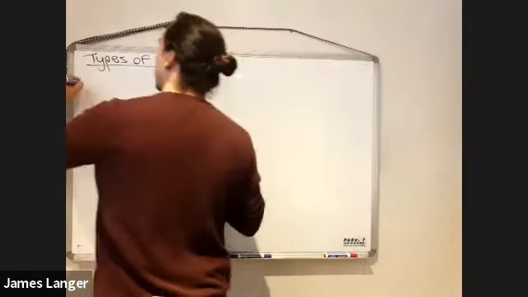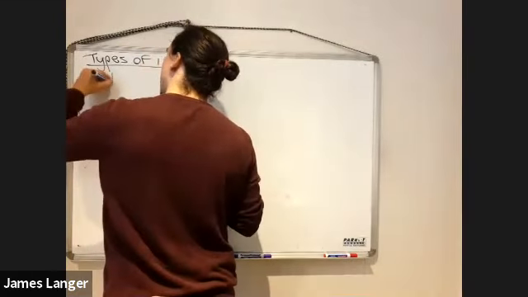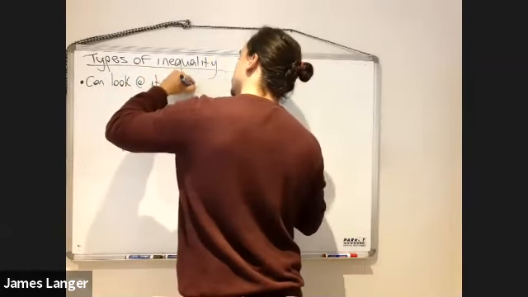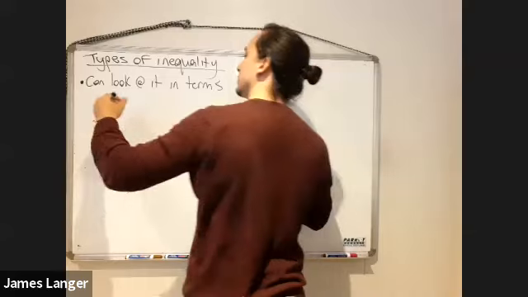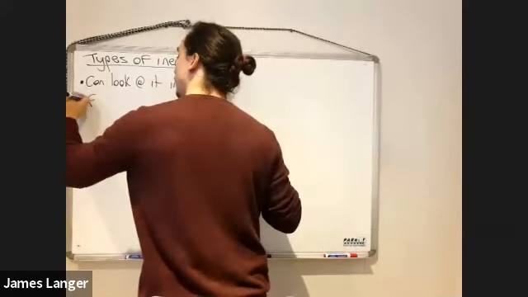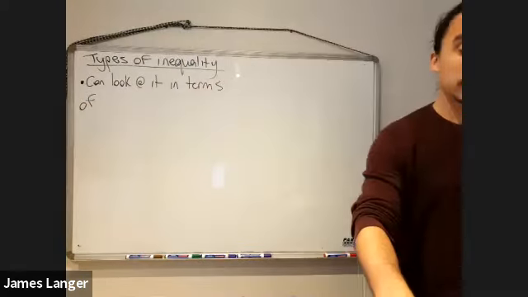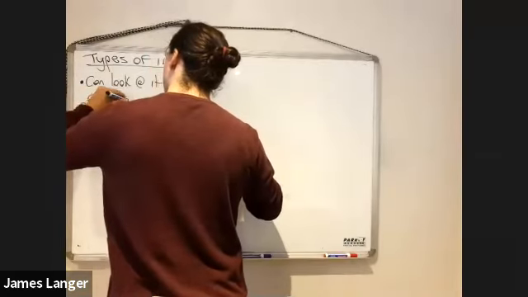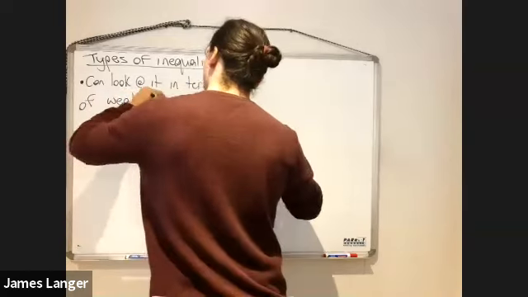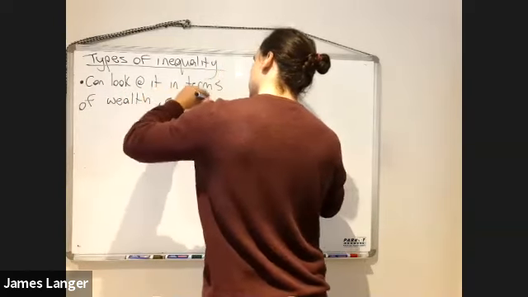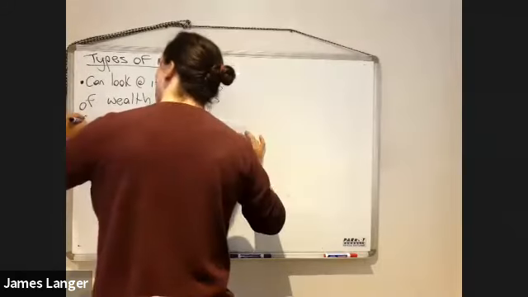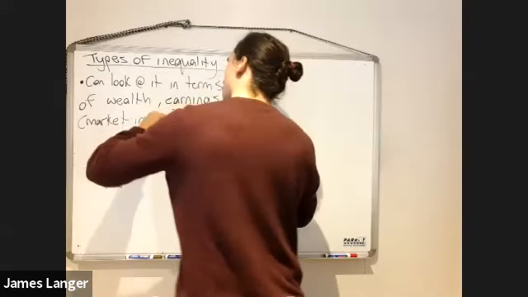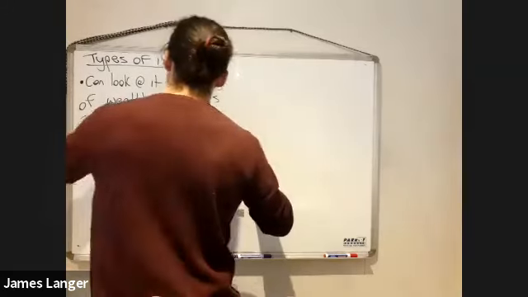We can look at inequality in terms of various different things. We can look at it in terms of wealth. We can look at it in terms of earnings, which we're thinking of as market income, or it could be disposable income.